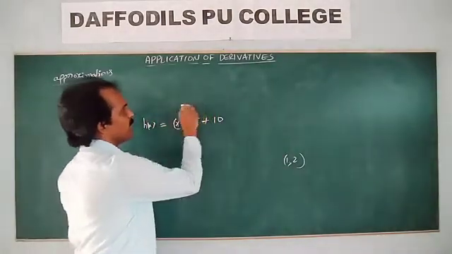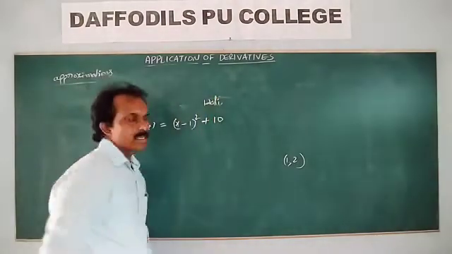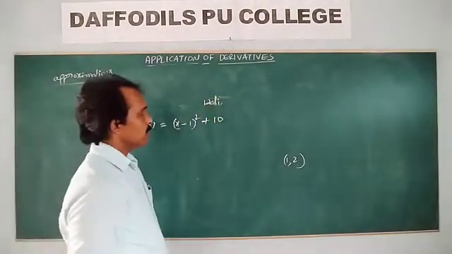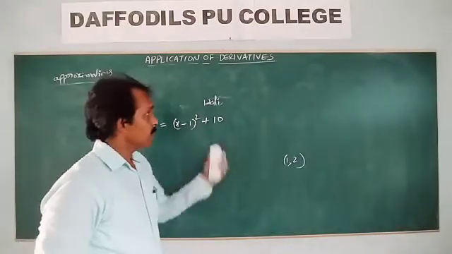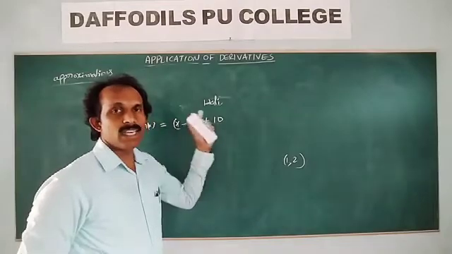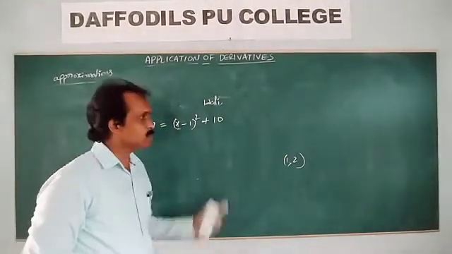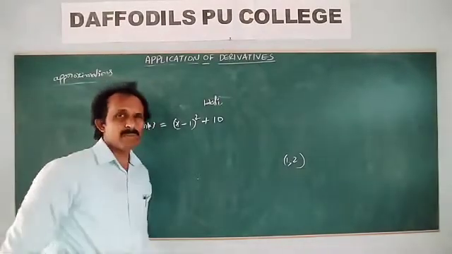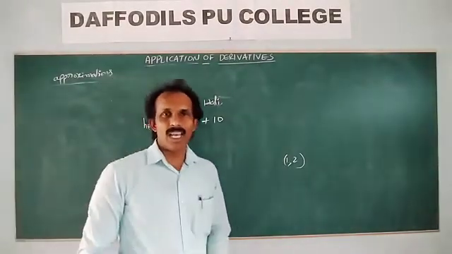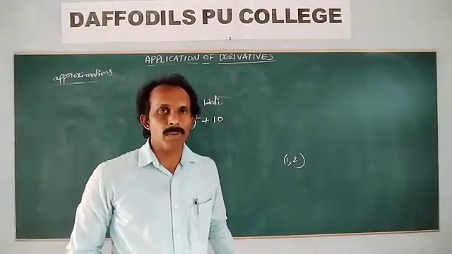He shoots the helicopter. When he shoots the helicopter, when the helicopter comes nearest, what is the nearest point, then the target will be reached. So this type of problems in our daily life are tackled very easily using the maximum and minimum concept.